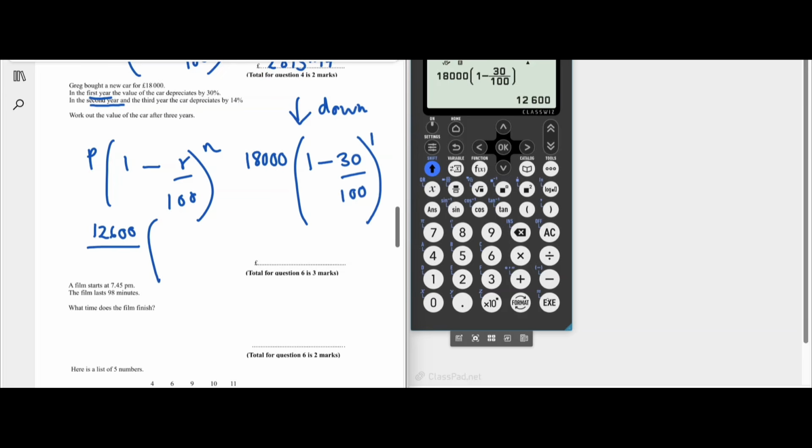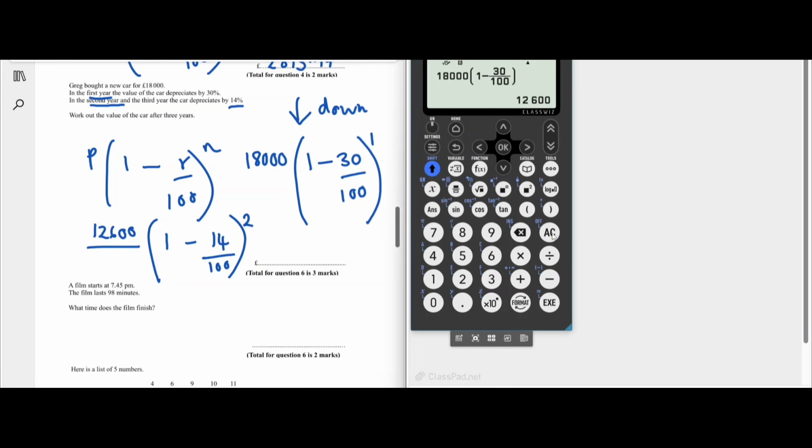So 12,600. I now use this amount to do the next year because this is how much the car is worth after the first year. So I'm going to do the next year now. 1 minus 14% it's gone down by, so 14 over 100, and that's only for 1 year because it says in the second year. Oh, sorry, in the second year and the third year. So that's 2 more years. So we are going to need to put to the power of 2 here.